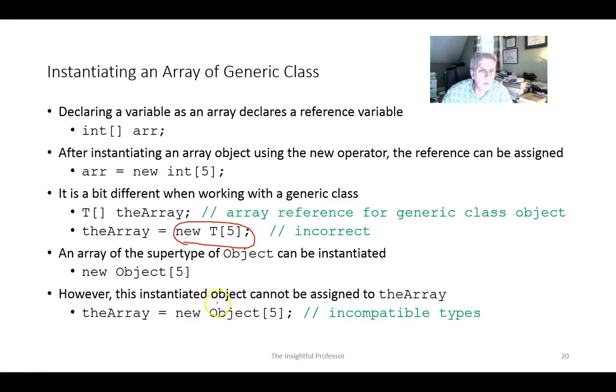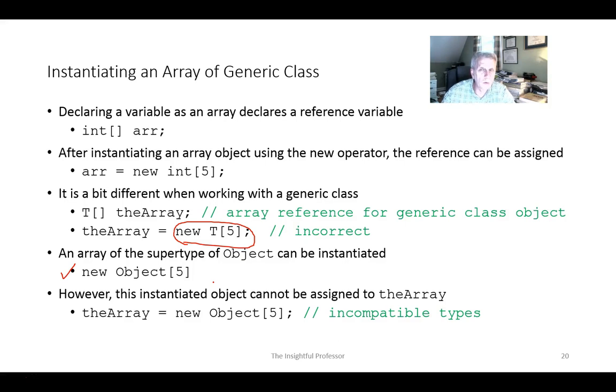However, remember that whatever this type is, it's a descendant of object, because everything descends from object in Java. So if we were to create an array of object, this is okay. But now there's a little bit of a problem.